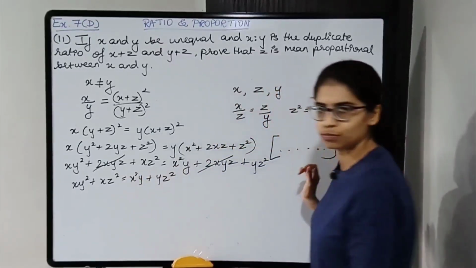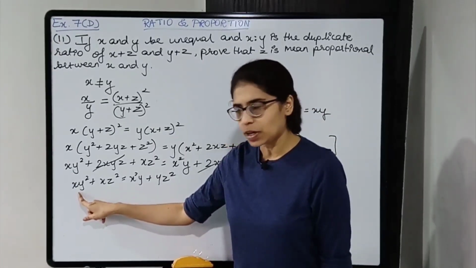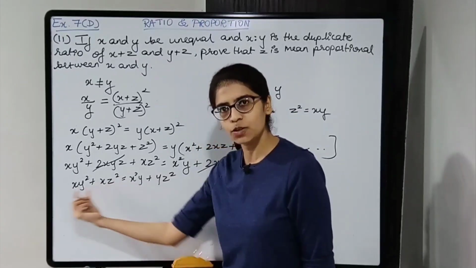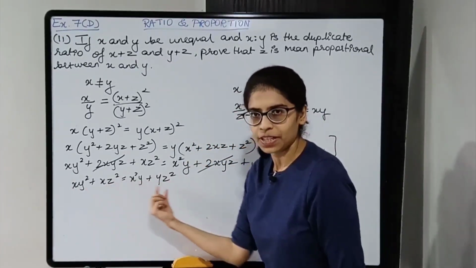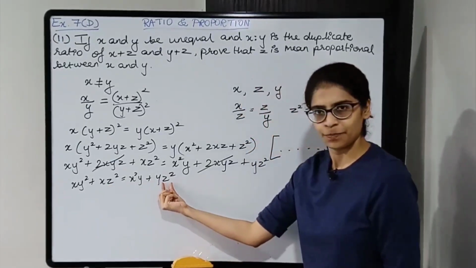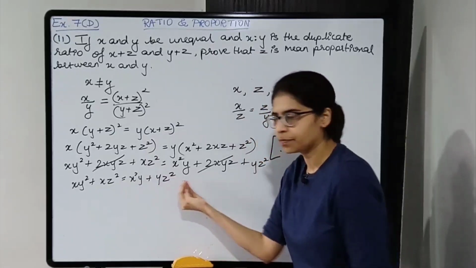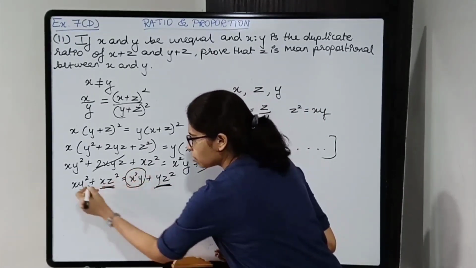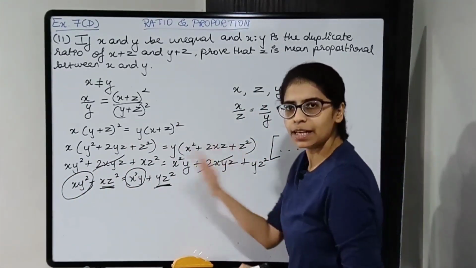Now what we'll do? Over here the xy terms we'll group together. Let's group these together. Why? Remaining two terms they contain z. So let's group z square terms together. These two together and these two together. Okay? And then take common.